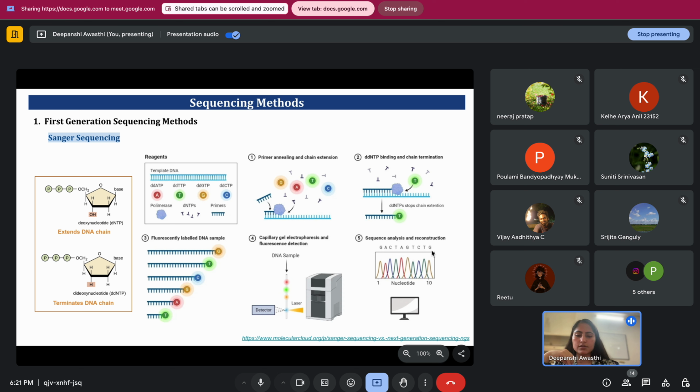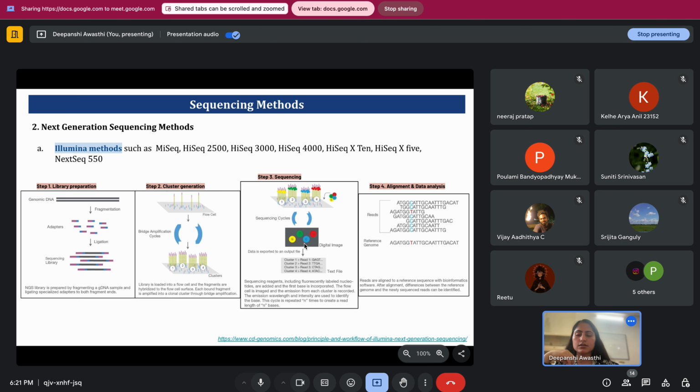Now let's move to the next sequencing method, next generation sequencing, the Illumina method, which involves the MiSeq, HiSeq 2500, and HiSeq 3000. These are the different variants of the Illumina method. What is simply done in this case is that you have a DNA sequence and you bind the adapters.